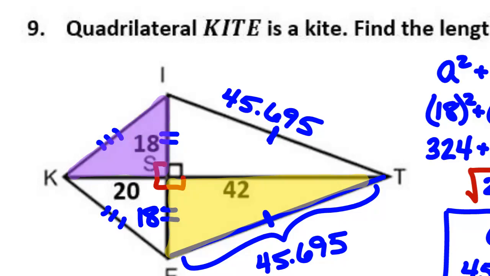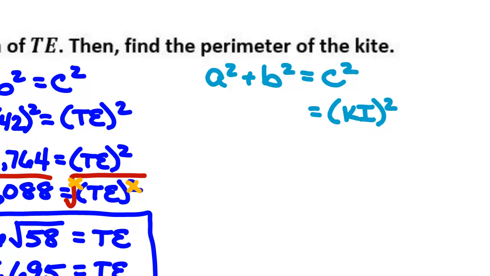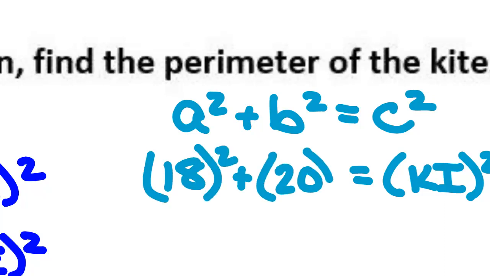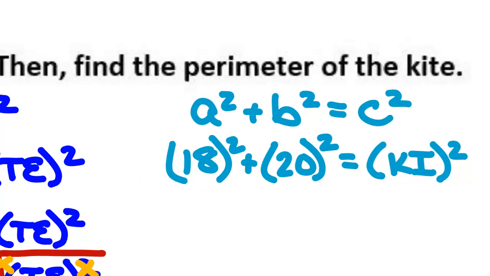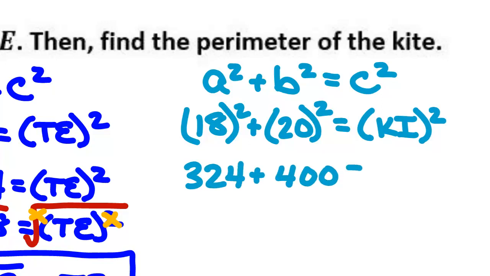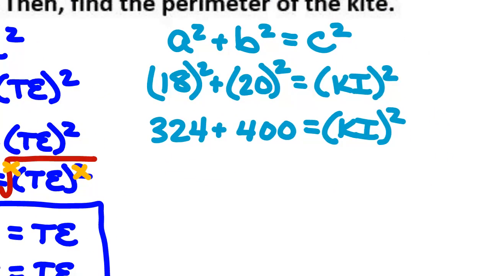I know one of the sides of that right triangle is 18, and the other one is 20, so I have 18 squared plus 20 squared equals KI squared. We already found that 18 squared was 324. 20 squared is 400. So then we add 324 and 400 together.